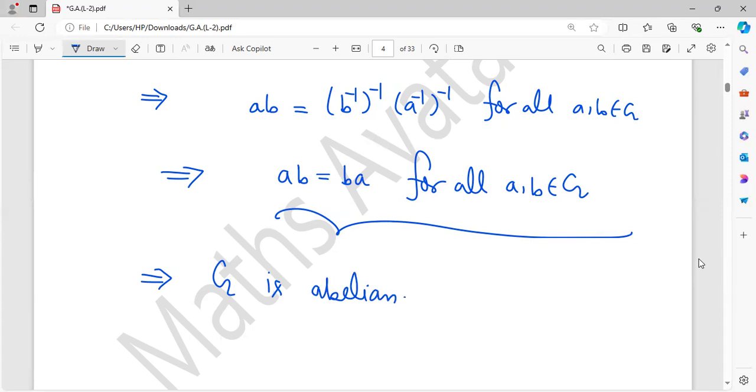The map A goes to A inverse, that we call F, is an automorphism if G is abelian, and conversely if F is an automorphism, G is abelian. Okay.